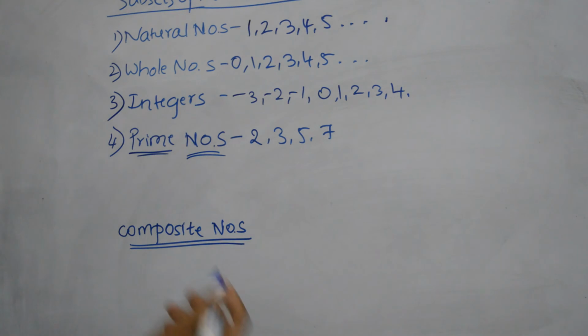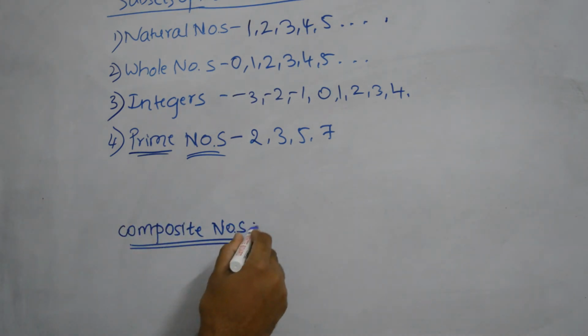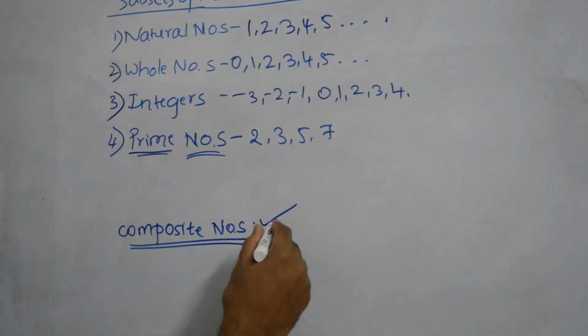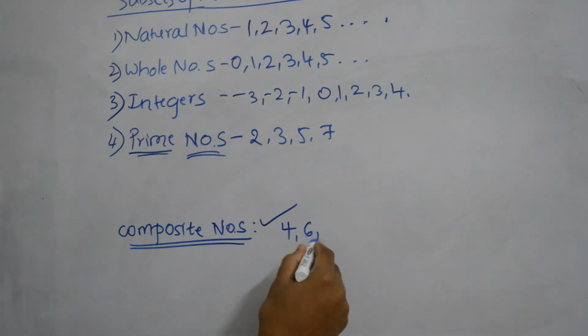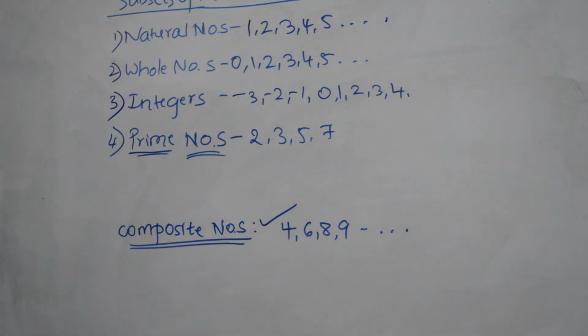And any natural number greater than 1 which is not a prime number is called a composite number, or any number which can be divided exactly by other numbers. For example, 4, 6, 8, 9, etc. Here 4 is divisible by 2, 6 is divisible by 2 and 3, 8 is divisible by 2 and 4, and 9 is divisible by 3.